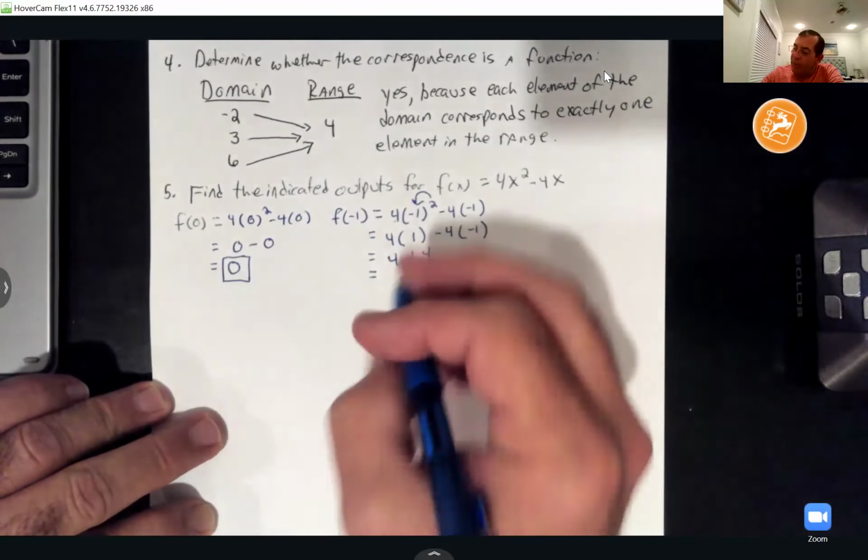So when I give you a graph to determine if it's a function, you're going to use the vertical line test. Okay, we're going to use the vertical line test on this. So y'all, the graph they're giving me is sort of sideways.